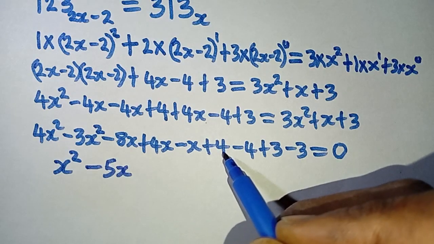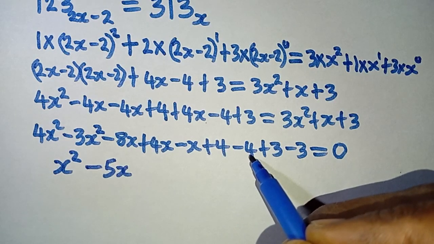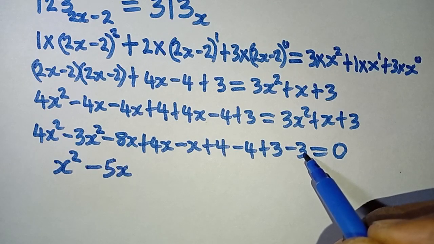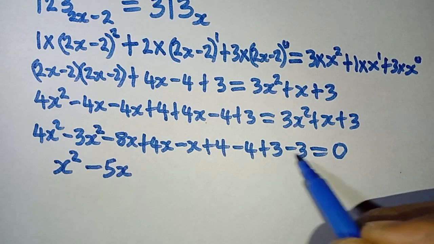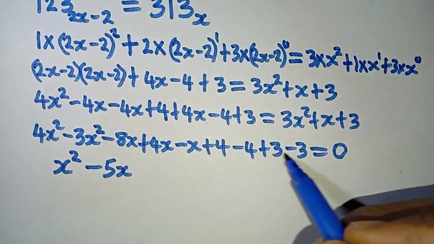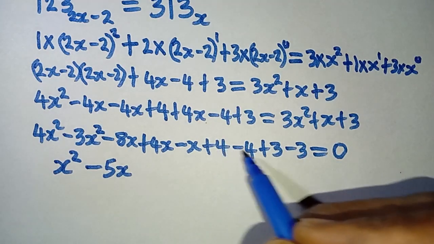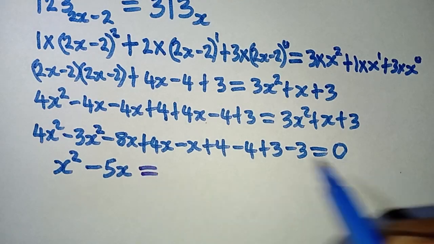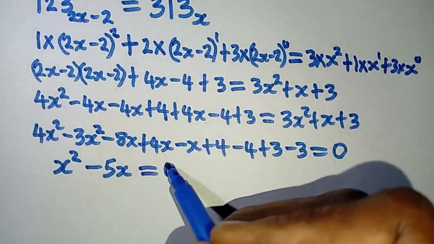Then I have 4 minus 4, which is 0, plus 3 minus 3, which is 0. So the constant terms all together give me 0. Then I have is equal to 0 on the right hand side.